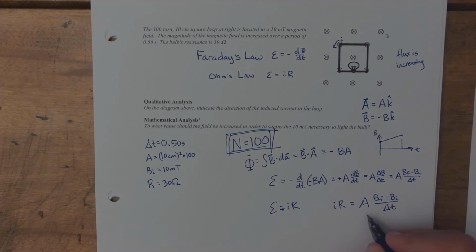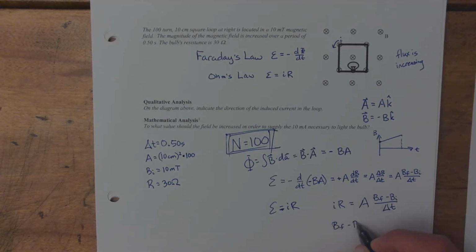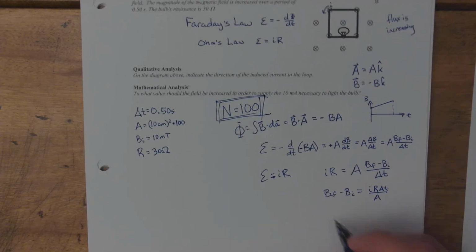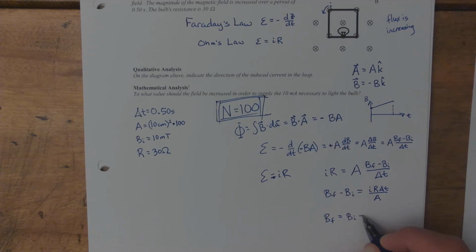So we have divide by A and multiply by delta T, and you have B final minus B initial is equal to I times R times delta T divided by A. And then B final is equal to B initial plus I R delta T over A.